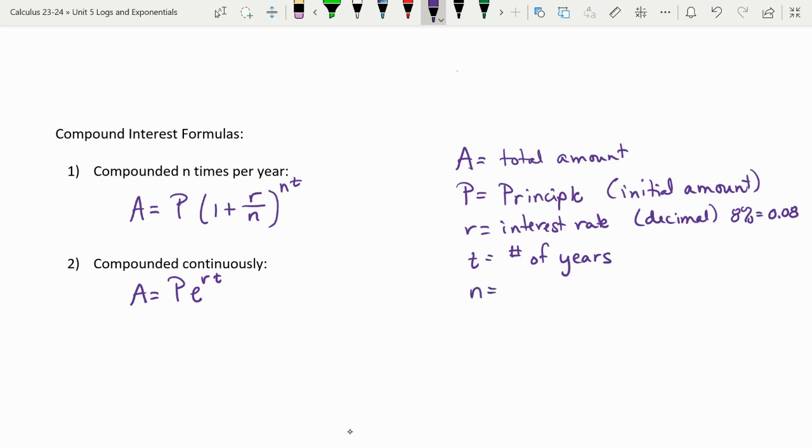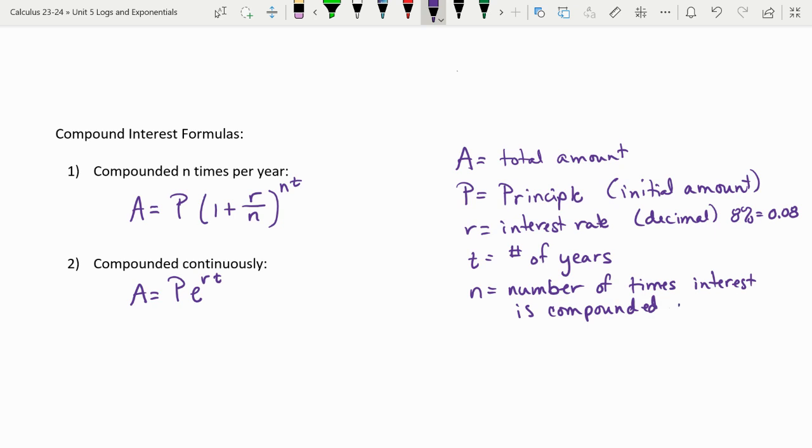And then N, which is only applicable in the first equation, is the number of times interest is compounded. That just means how many times they calculate the interest each year.